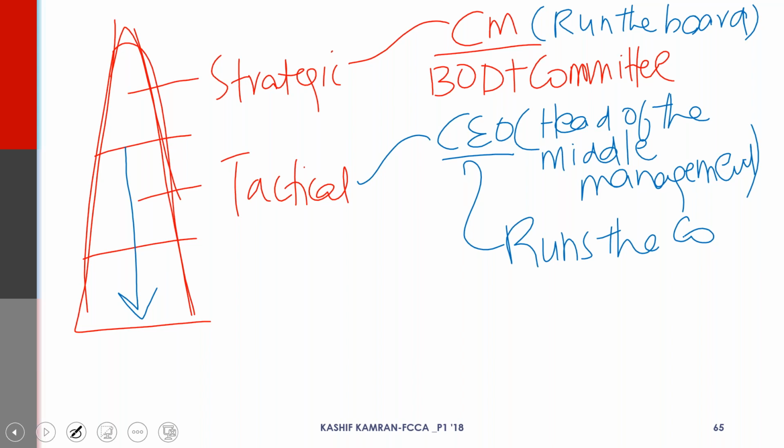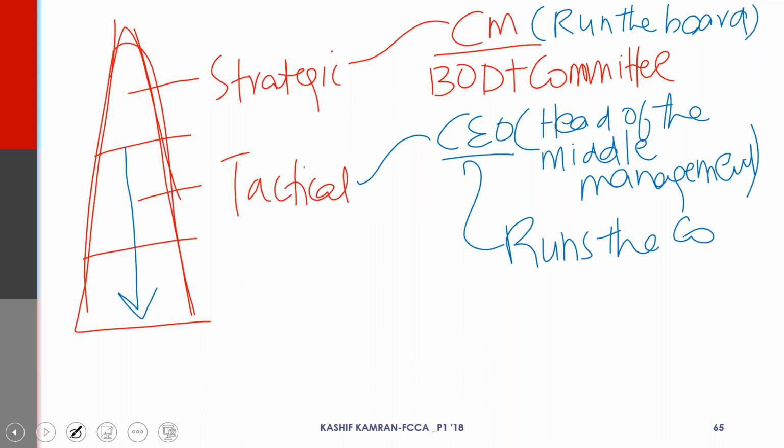Then you should know the board of directors. You should know the committees, the 4 committees: risk, remuneration, nomination, and audit. So how many individuals should we know for P1? 4. Chairman 1, board 2, committees 3, CEO 4. But I hope you're clear with their position. Where are they positioned in the company? At the strategic level are the 3.